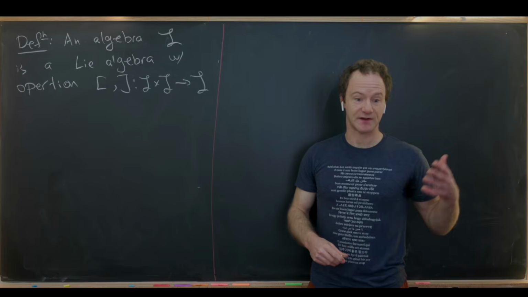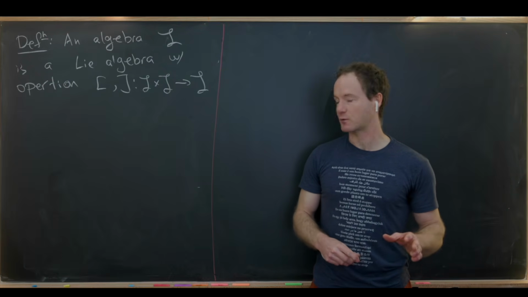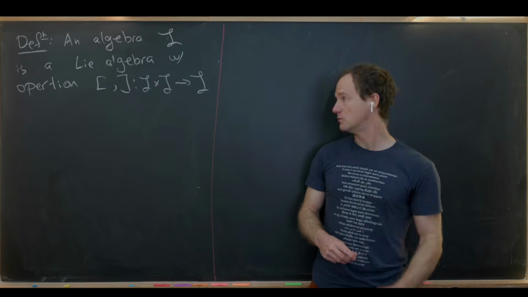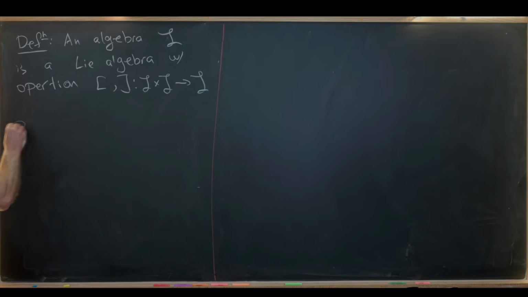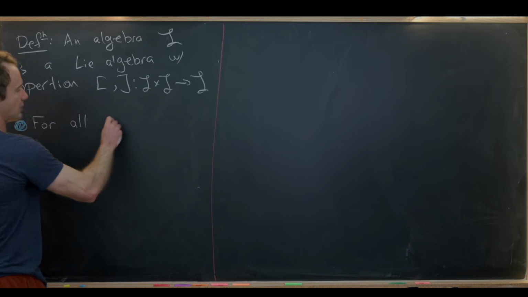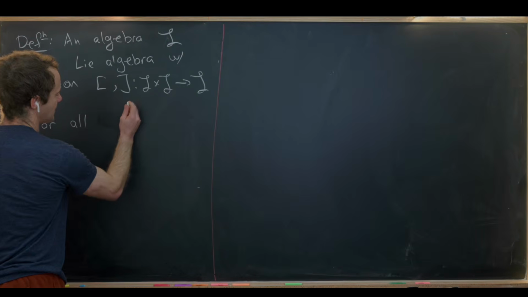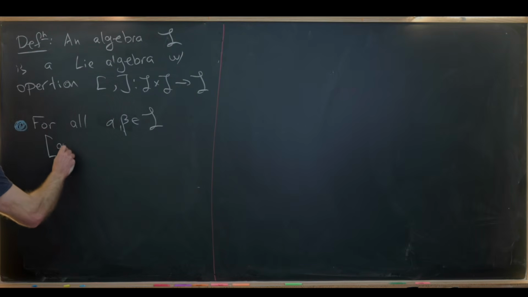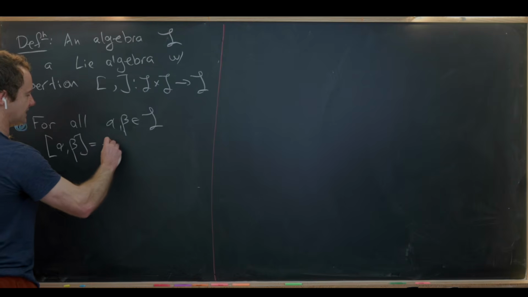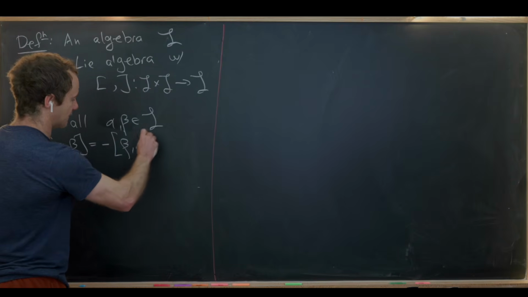Well, it satisfies all the rules of an algebra, so we won't write those down, in addition to two more rules. The first is called skew symmetry. Skew symmetry says for all alpha and beta in L, we have bracket alpha beta is the same thing as negative bracket beta alpha.